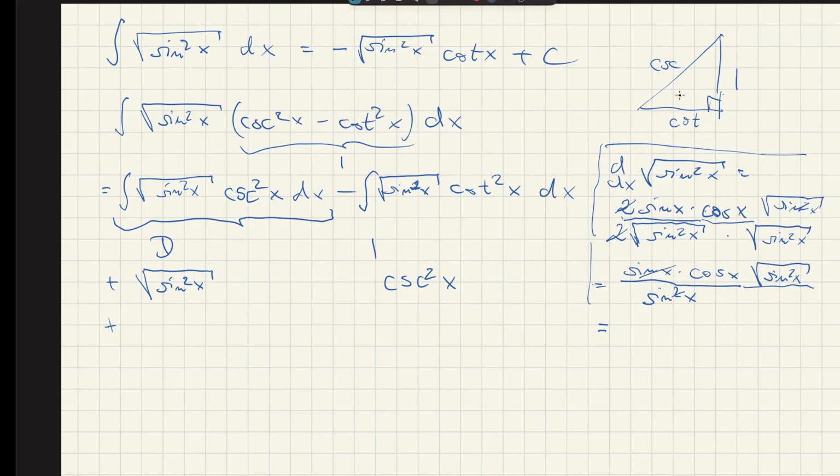In the cosine and sine triangle, cosine is here and sine is over here, and 1 is over here, right? So now you can see the ratio cosine over sine equals cotan over 1. So this is just cotan, cosine over sine. This is just cotan x times this square root here.